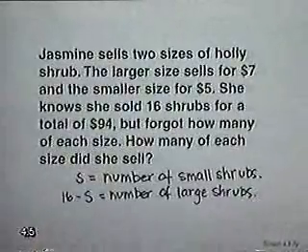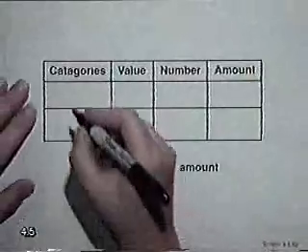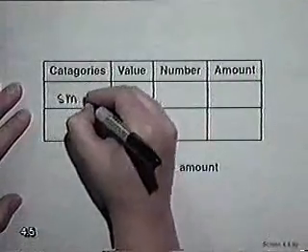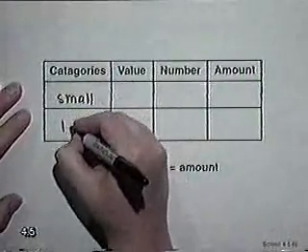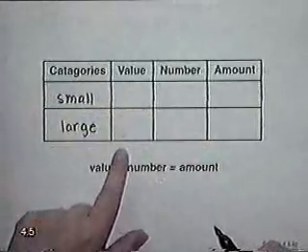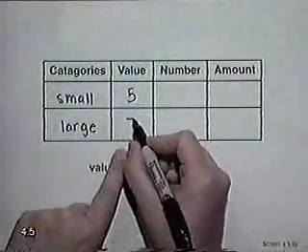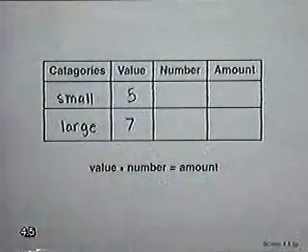Okay, so using this, we can fill in the table. So my 2 categories are small shrubs and large shrubs. Value is the cost of each of those, and we're told that the small shrubs are $5 each and the larger shrubs are $7 each.